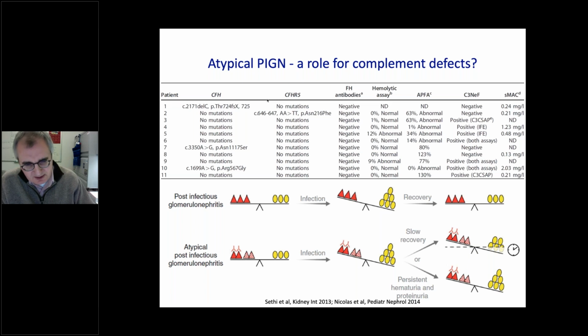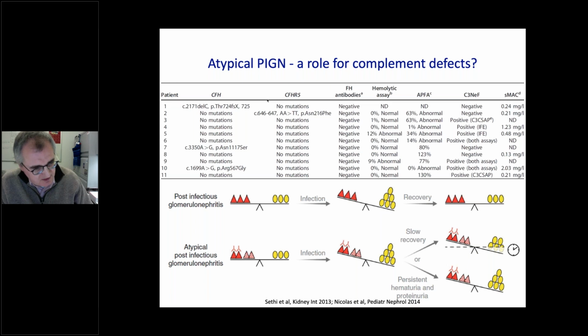His concept was that while in the post-infectious or infection-related situation it's a temporary disturbance of complement balance, in the one that transitioned into the atypical form and progressed to C3GN, it becomes permanent.